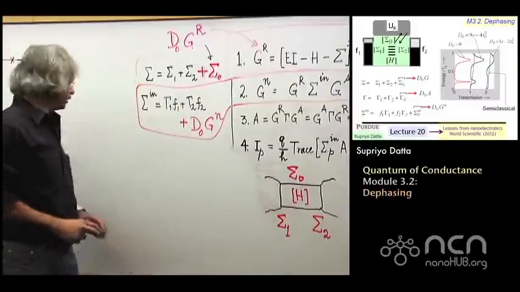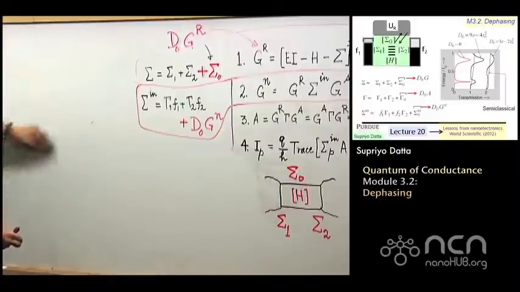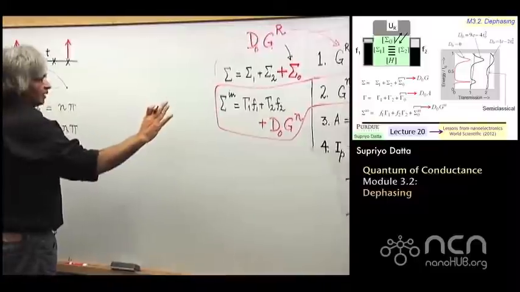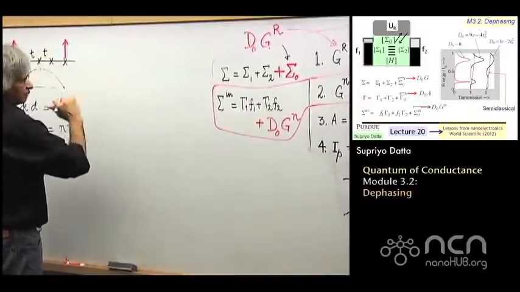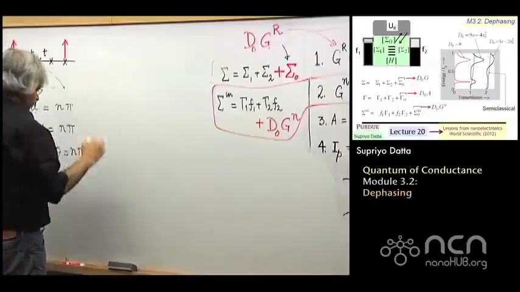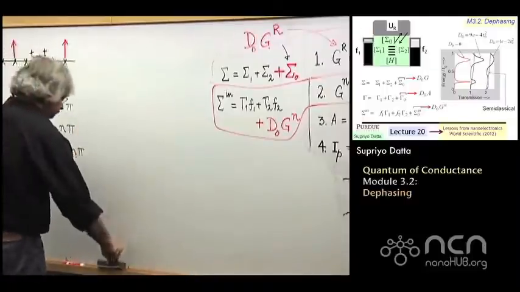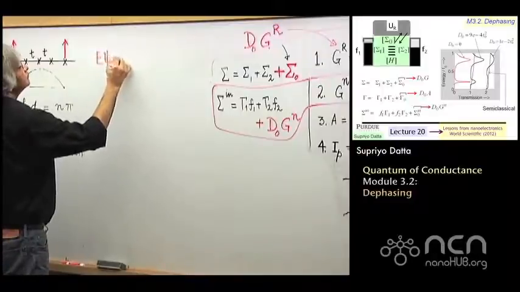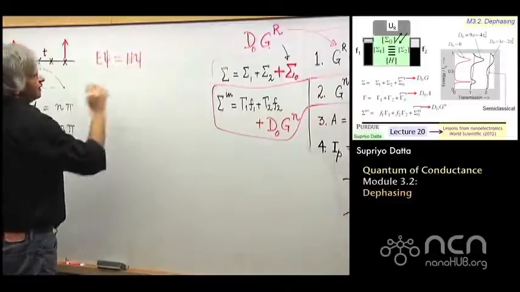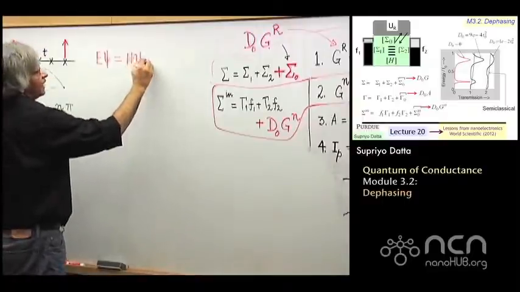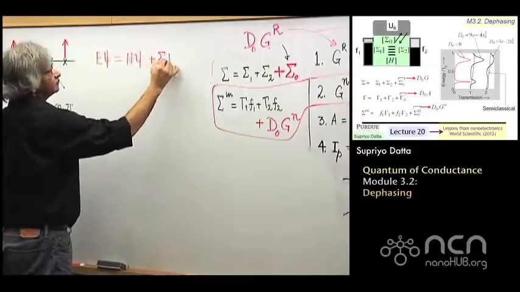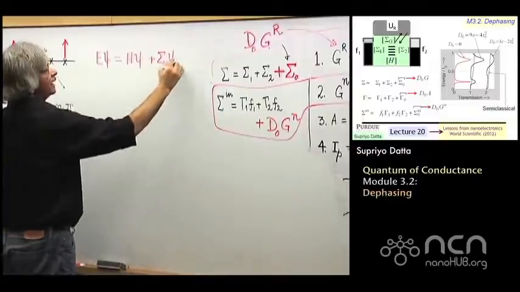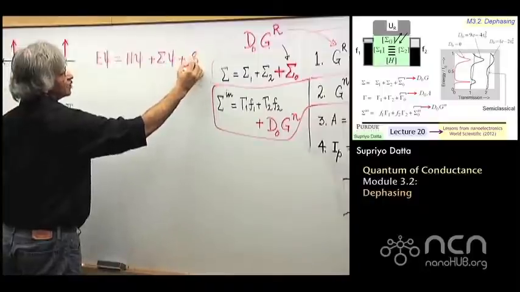We won't really go into it in any depth, but let me just quickly explain the idea. If you remember, the way we got equation number 2 was by starting from the Schrödinger equation and saying that you have to add a sigma to denote the connection to the surroundings, and then you have to add a source term.